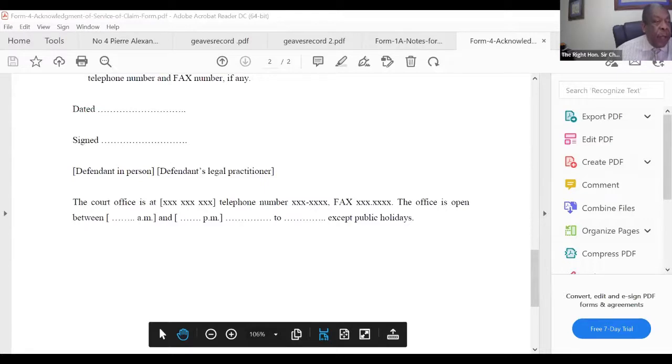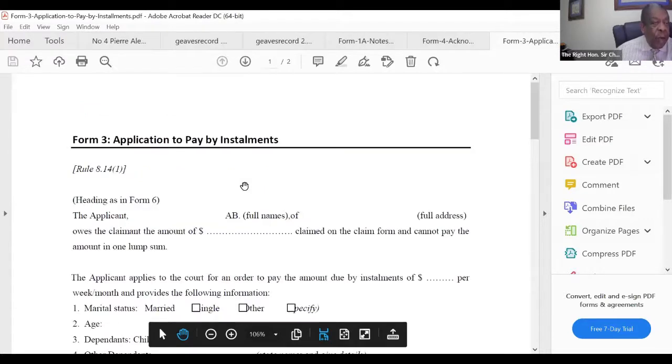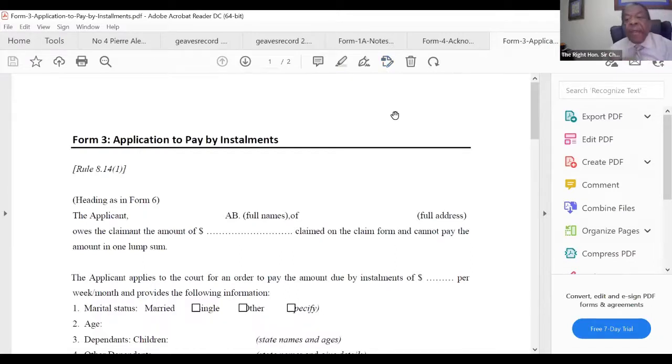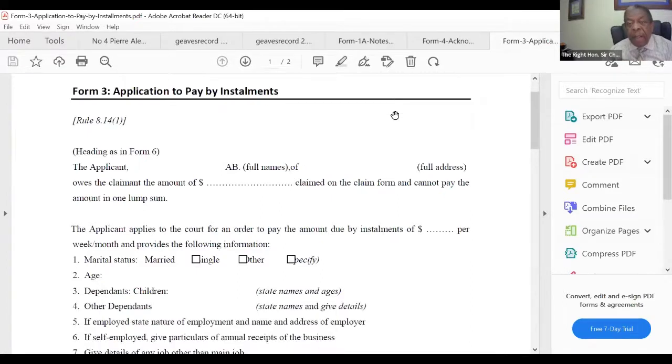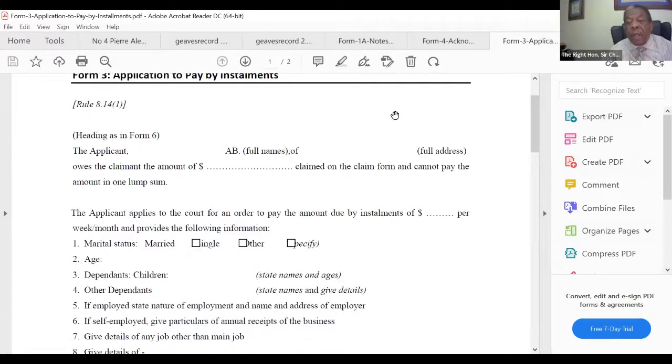Yes, there's a question in the chat room: where can one find the relevant claim forms? Now, these forms will become part of the rules. The rules which have been exhibited are still in draft form, but the section of the rules which deal with forms will be added. These are the rules which I collected from what is applicable in the Eastern Caribbean.